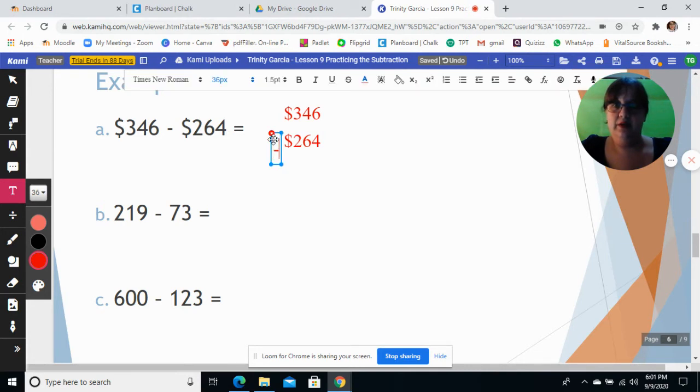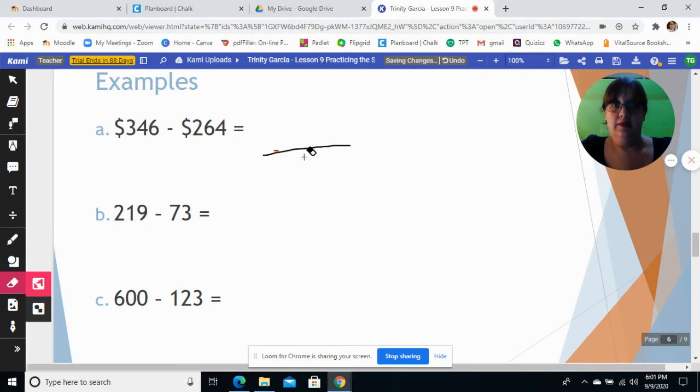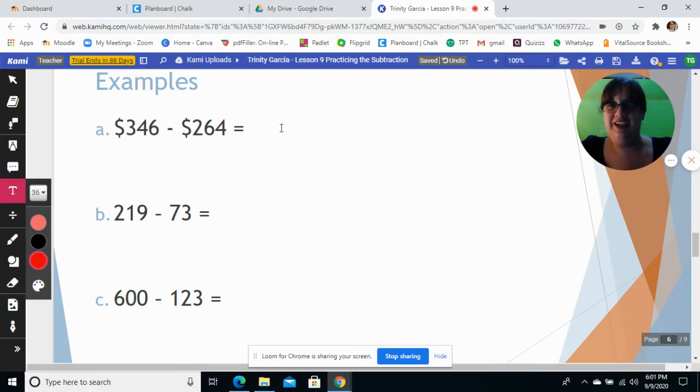We're going to put a little minus sign and we're going to draw our line so we can see our subtraction. Oops, that was kind of messy. Let's see if we can erase that. Oh, it erased everything. Well, that was stinky. Let's try again.